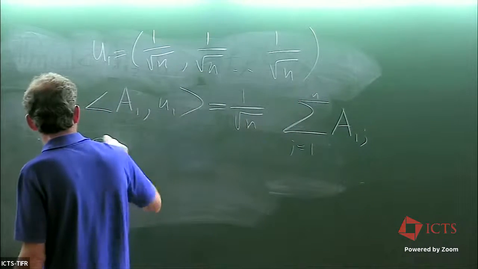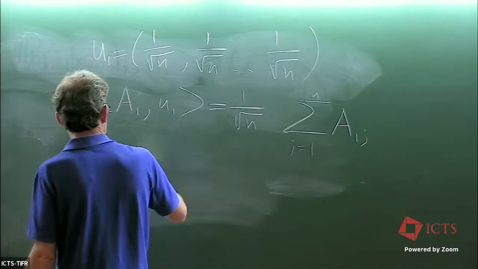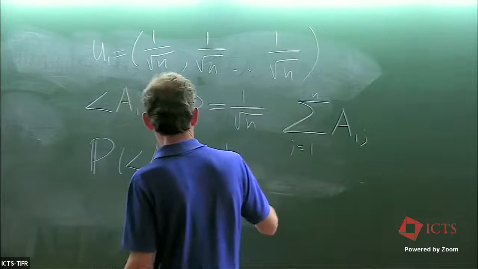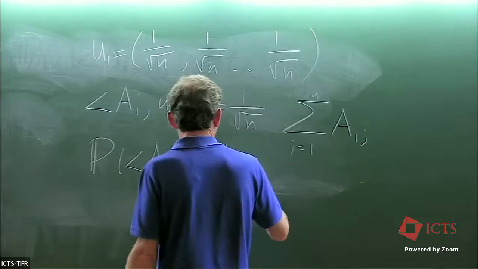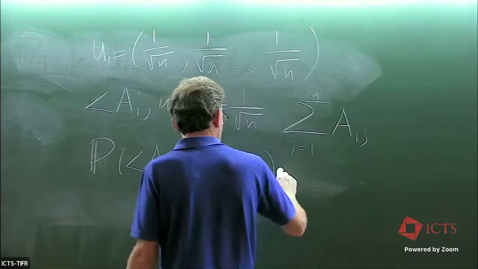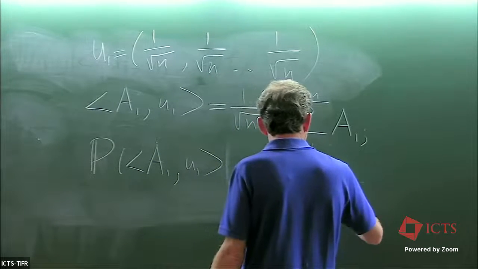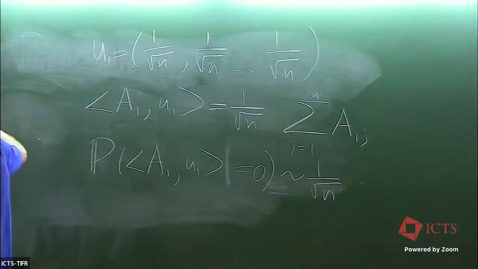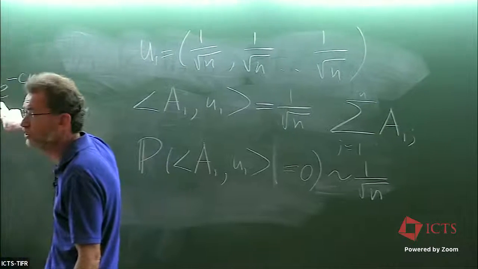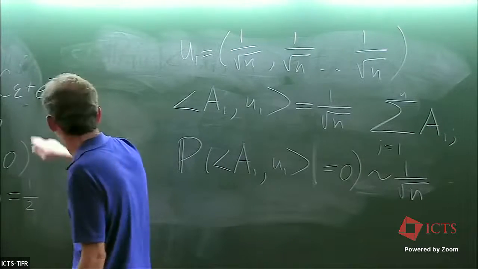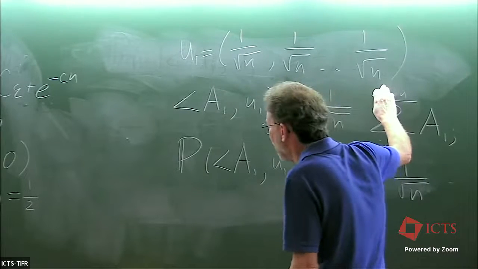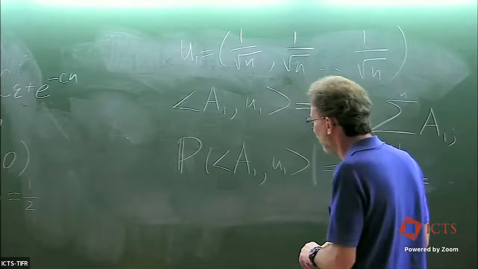It's easy to figure out the probability of 0. This will be about 1 over square root of n. So we cannot move past 1 over square root of n, and we have to reach the exponentially small level. This vector is a serious problem. And there are others like this. There are many of those.